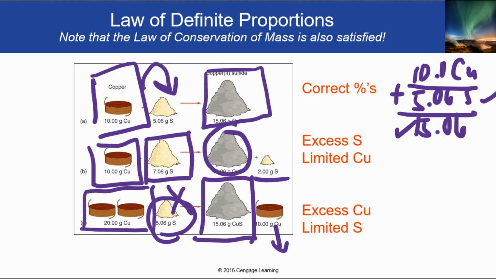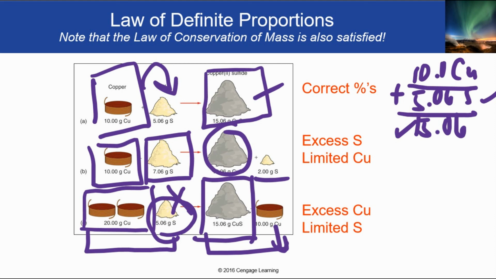Same as the law of conservation of mass, nasa-satisfy din niya yun. Kasi nga, di ba, kung ano yung ni-react mo dito, same din yung amount na makukuha natin dito. So, tingnan natin, ito ay 10 plus 5.06, nakuha natin ay 15.06. Ito ay 10 plus 7.06, dapat maging 17.06 siya.